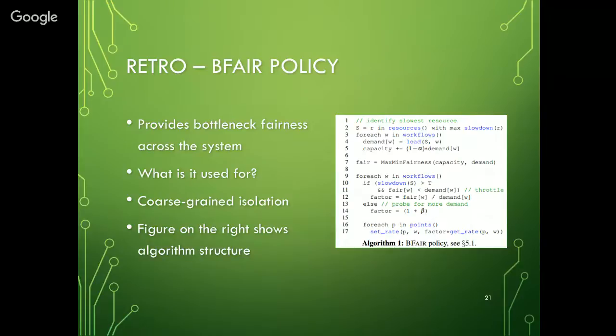So if this resource S meets the requirements, and if the fair share of the workload in question is smaller than the current load at the moment, then this policy would throttle the rates of the resource. Therefore, we can say that this policy only takes action, meaning it would do the throttling, only if there's a bottleneck in the system. If not, then it wouldn't get involved.